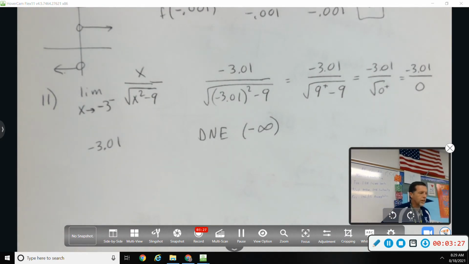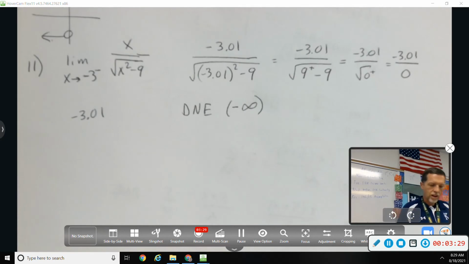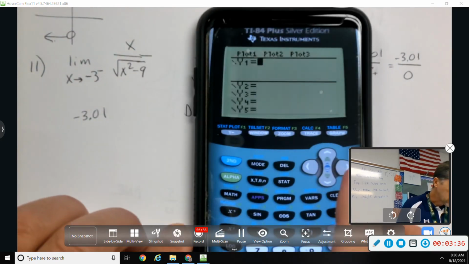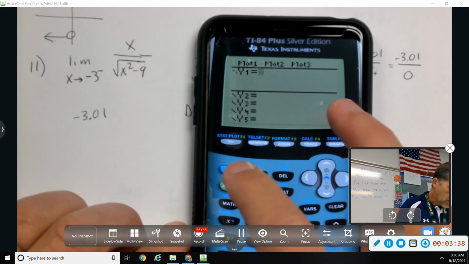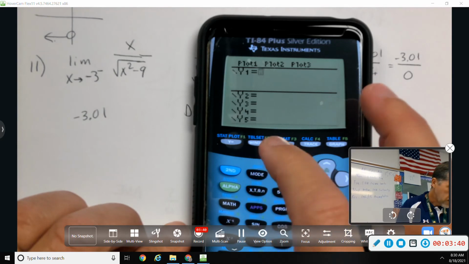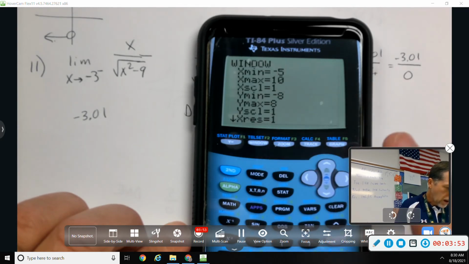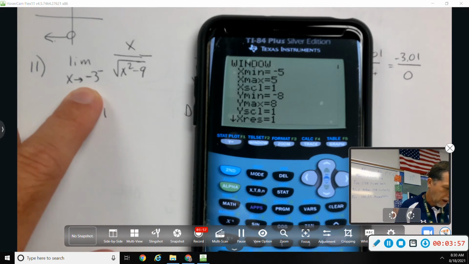Looking for a calculator to see what this picture looks like to kind of confirm that I got it right. So let's see. Fraction bar x over square root x squared minus 9. And as long as we see negative 3, we should be okay.